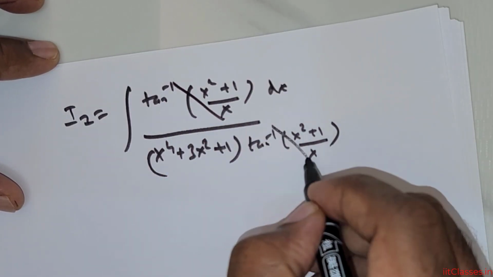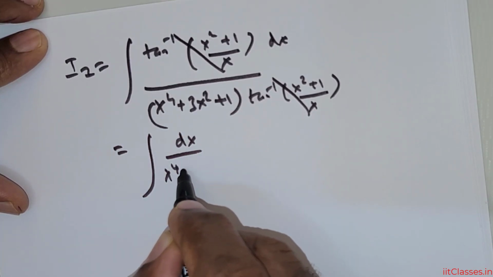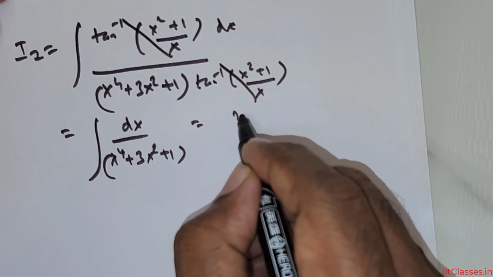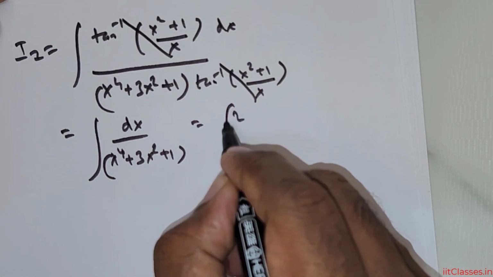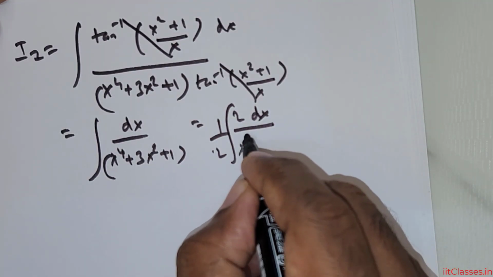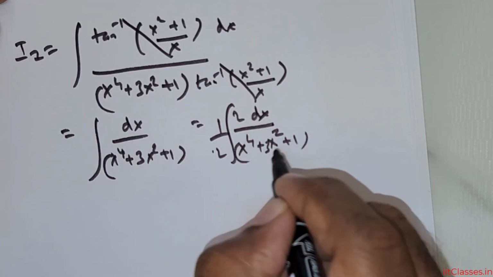Now clearly this and this get cancelled, giving me the integral dx over (x⁴ + 3x² + 1). Now what I wish to do, I will multiply the numerator by 2 and divide it by 2. So this is (x⁴ + 3x² + 1).